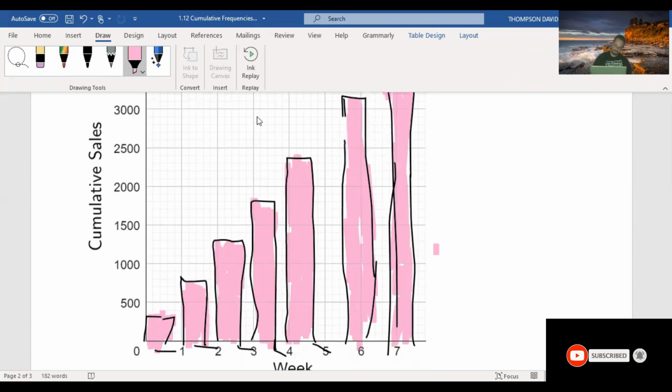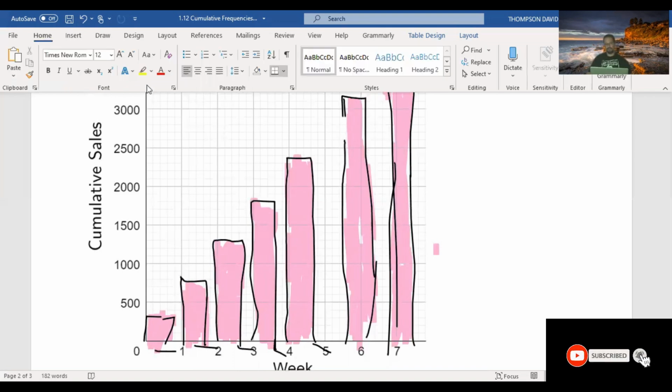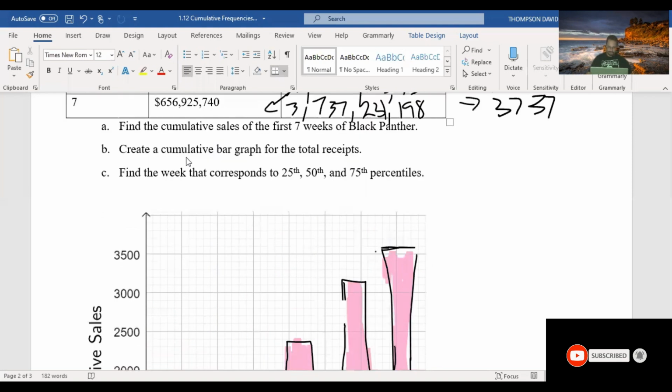Okay, so we made our bar graph. Technically, these bars should be lined up a little bit closer to 1, 2, 3, 4, and 5. So I drew lines to show you that's where they should be.